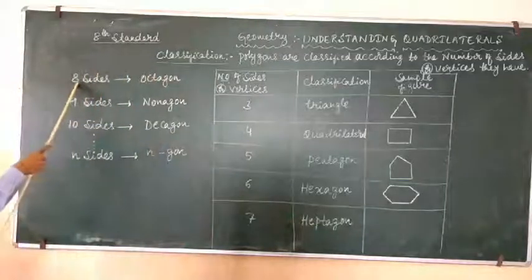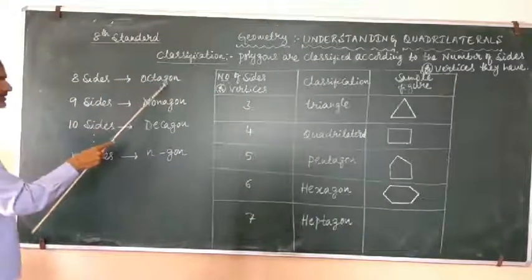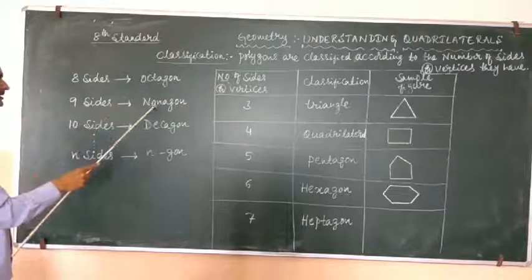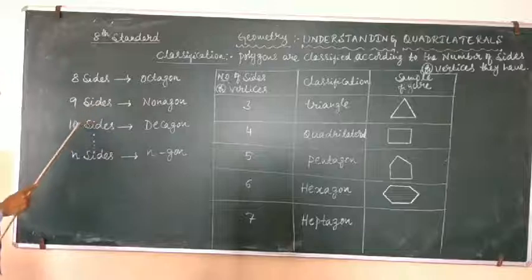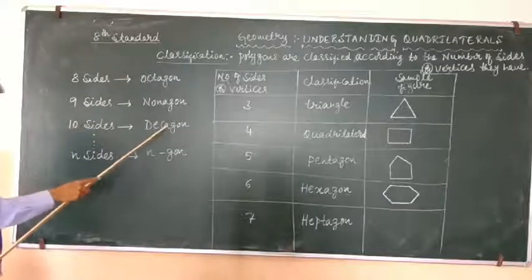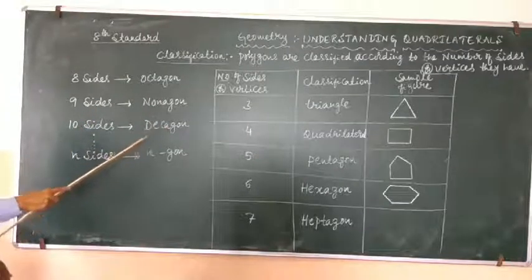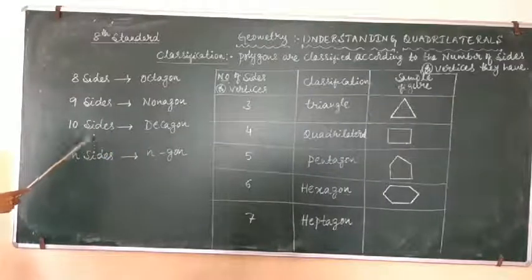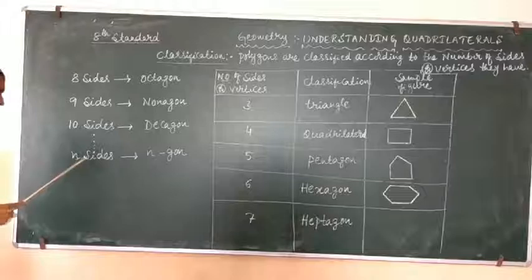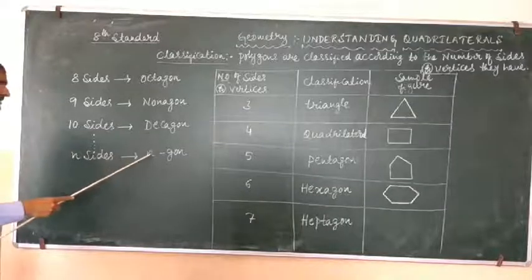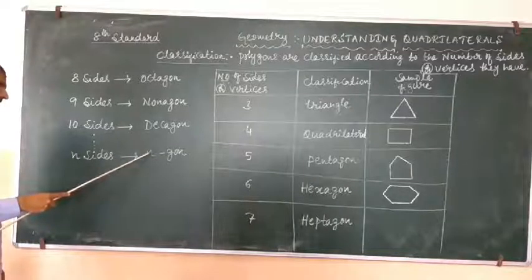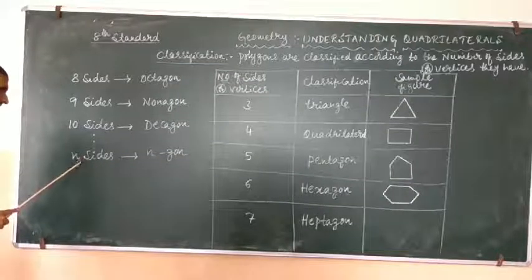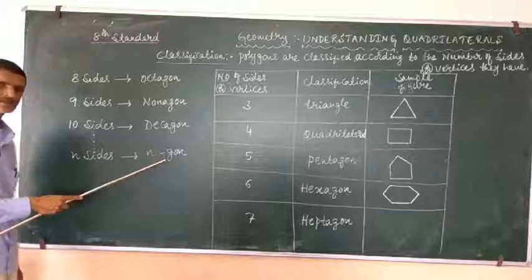If it contains 8 sides, it is called an octagon. If it contains 9 sides, it is called a nonagon. If it contains 10 sides, it is called a decagon. Similarly, it continues in this way. If it contains n sides, it is called an n-gon.